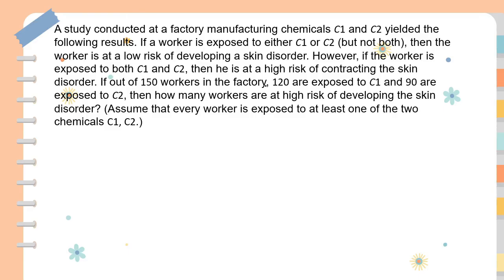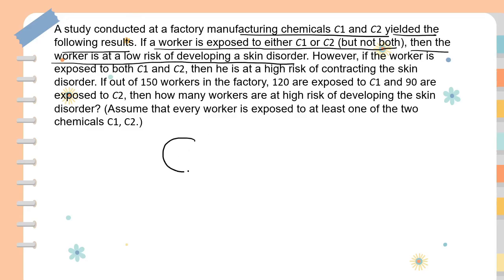So this question is: a study conducted at a factory manufacturing chemicals C1 and C2 yielded the following results. If a worker is exposed to either C1 or C2 but not both, then the worker is at low risk of developing a skin disorder. That means if a worker is working with either C1 or C2, then they will have a low skin disorder risk.